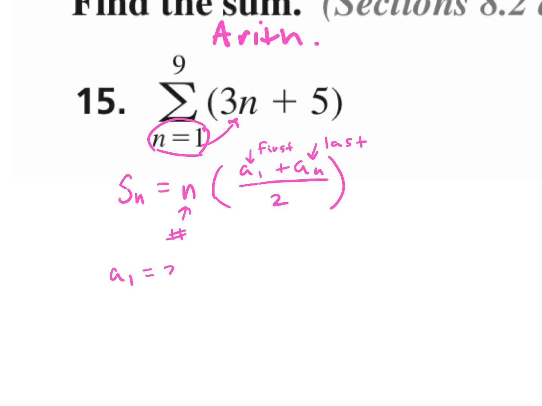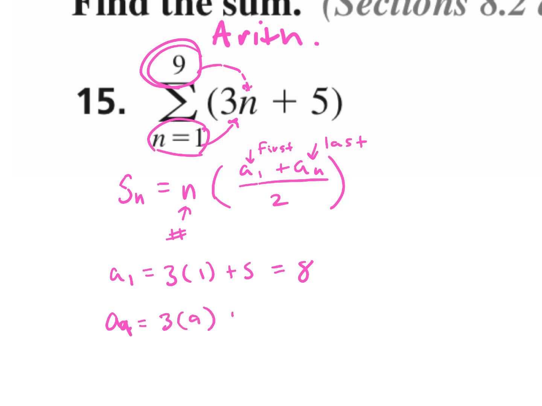So 3 times 1 plus 5 is 8. That's our a sub 1. We plug in our number up top to find our last term. So a sub 9. So 3 times 9 plus 5. 3 times 9 is 27. 27 plus 5 is 32.